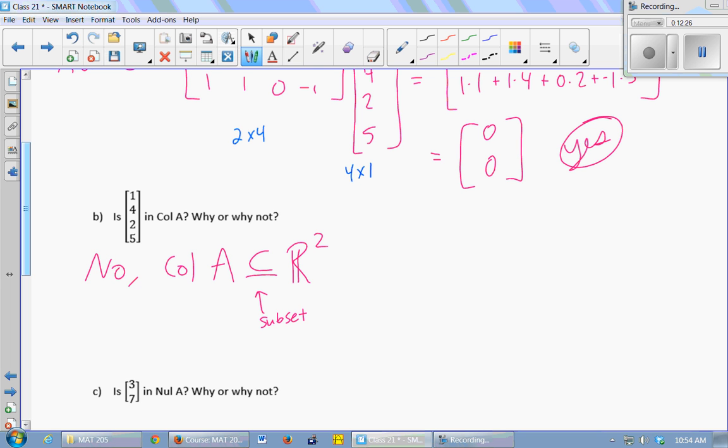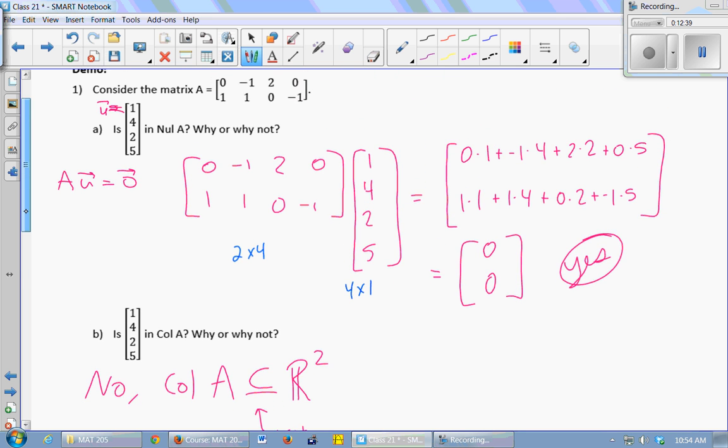All right, is the vector 3, 7 in the null space of A? The dimensions don't match, yeah. Things that are in the null space are in R4, like you saw in part A. The only thing you can multiply A by is a 4 by 1 vector.